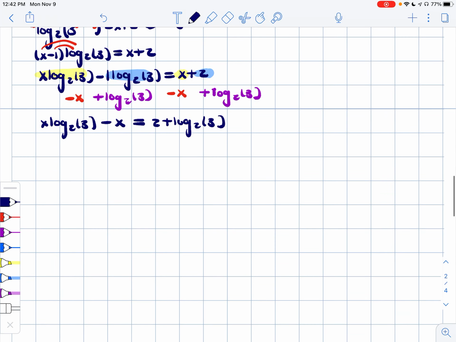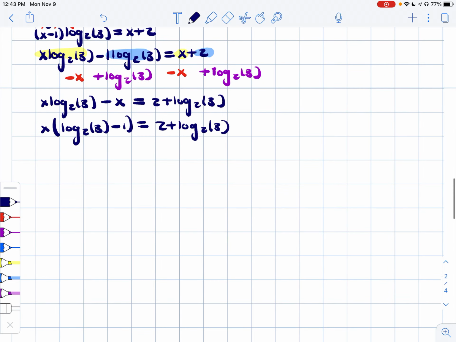All right, now if we're trying to solve for x, both of these terms on the left now have an x on them. So I'm going to consider that x my greatest common factor and pull it out, which would leave me with a log base 2 of 3 minus 1. And then lastly, if we want to solve for x, we need to divide.